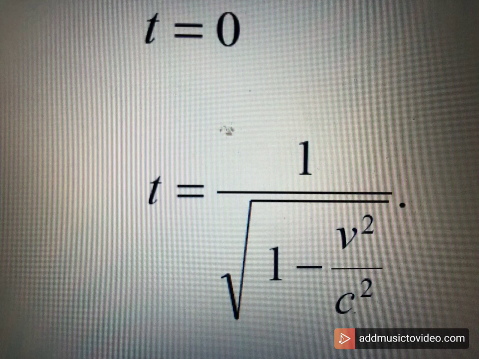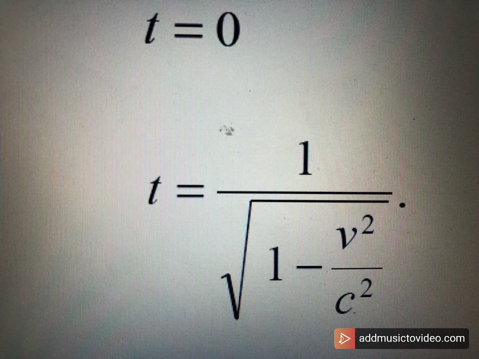The first and fourth equations of the Lorentz transformation give for these two ticks t equals 0 and t equals 1 over square root of 1 minus v squared over c squared.